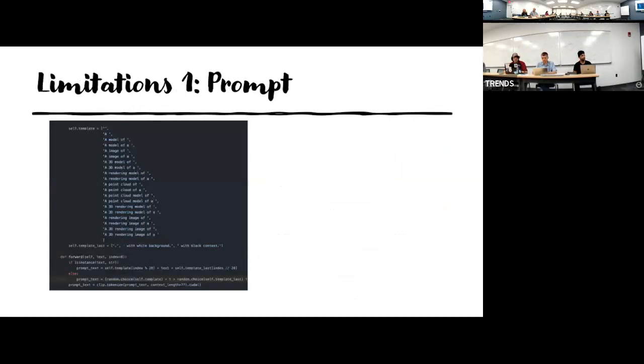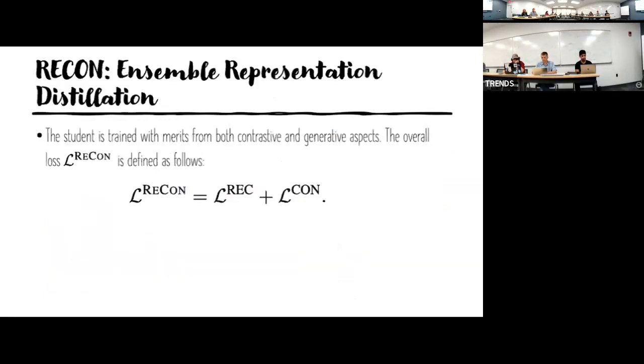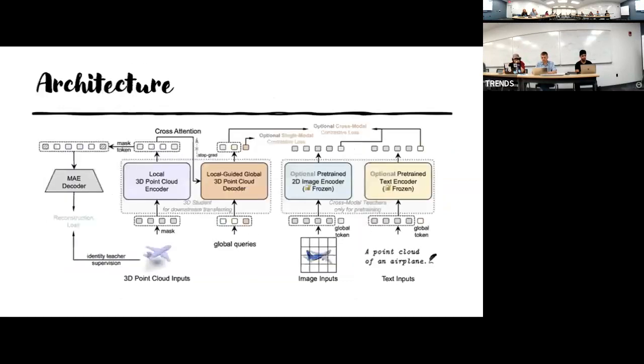One limitation for this architecture is the prompting approach. In the previous architecture which I showed, on the right hand side you have the text input, which mentions what type of input you want for this model. In this case, they have given an example of a point cloud of an airplane coming from your CLIP model.